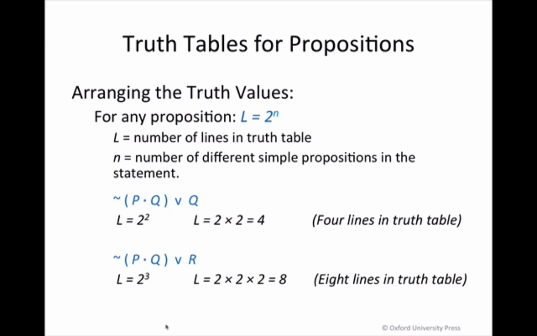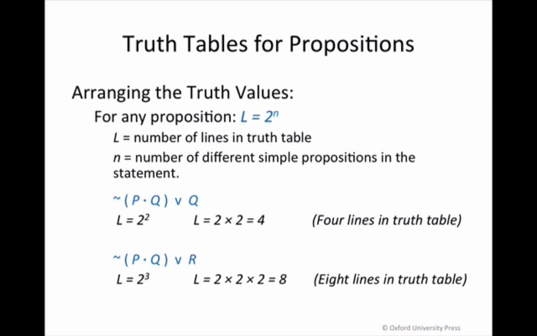So the way that you determine the number of rows of a truth table for a sentence is by way of each of the simple sentences. In other words, take a look at each of the examples below. In the first sentence, we have two simple statements, P and Q. The fact that Q is reiterated a second time does not change the fact that it's the same sentence. So there are only two simple sentences.